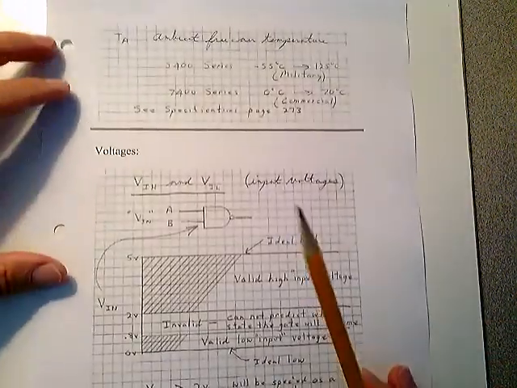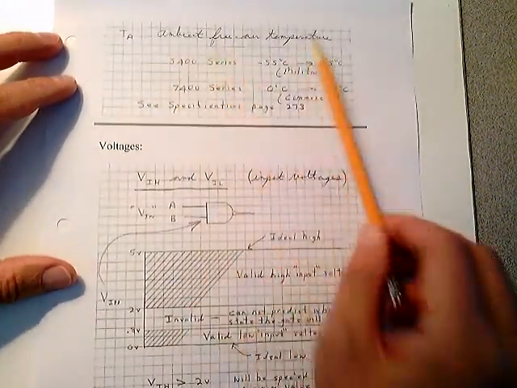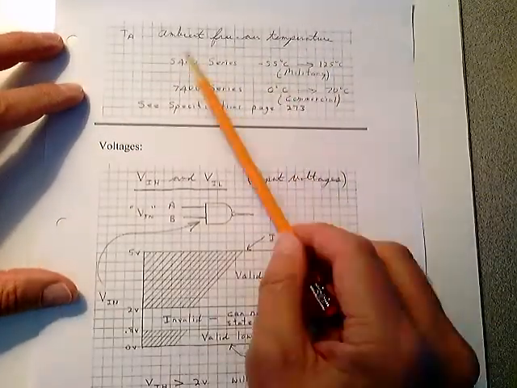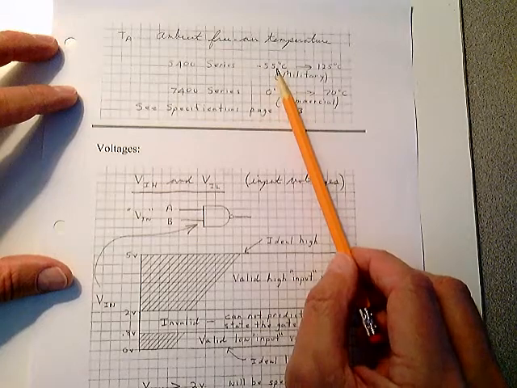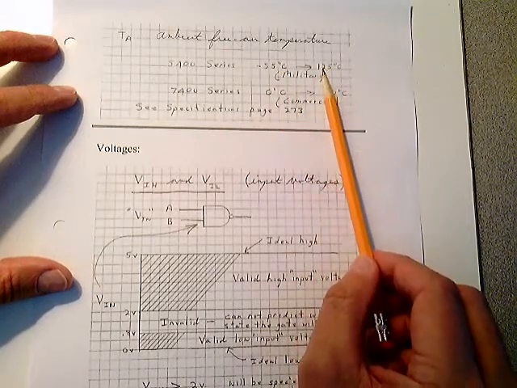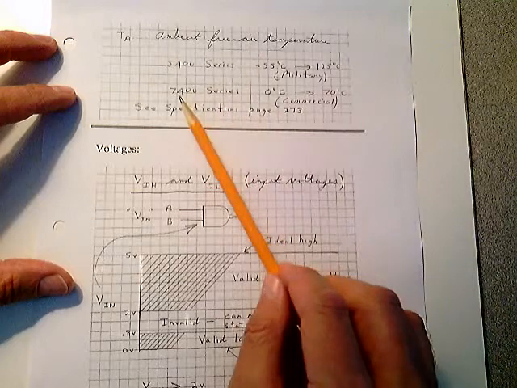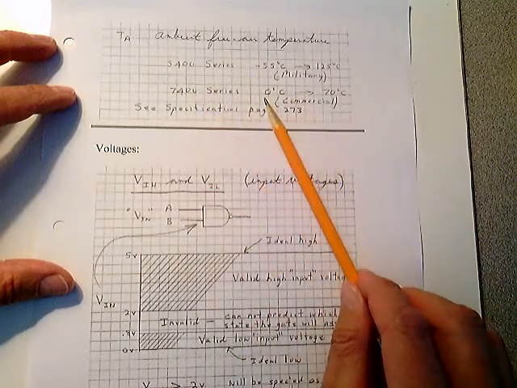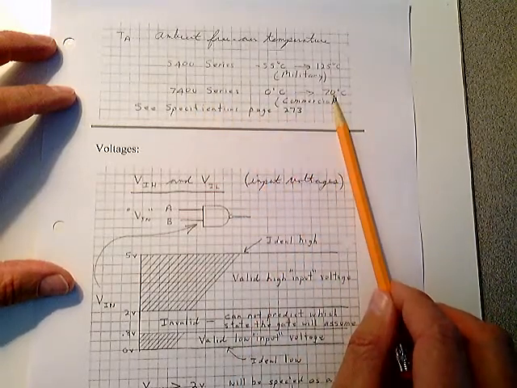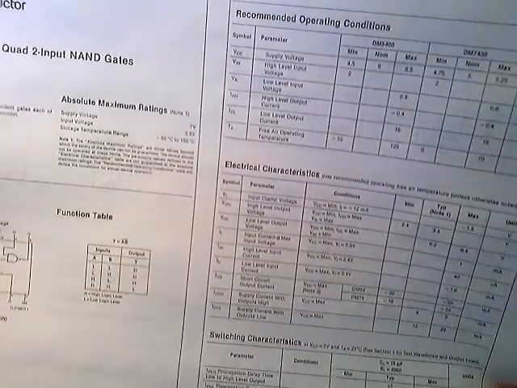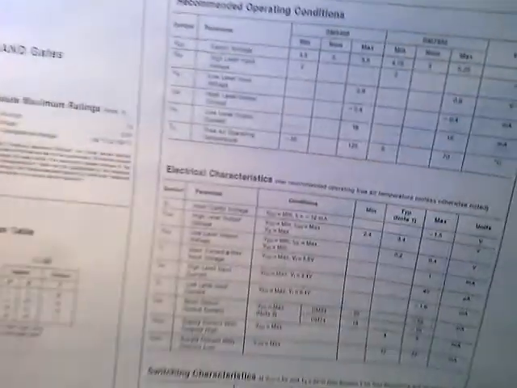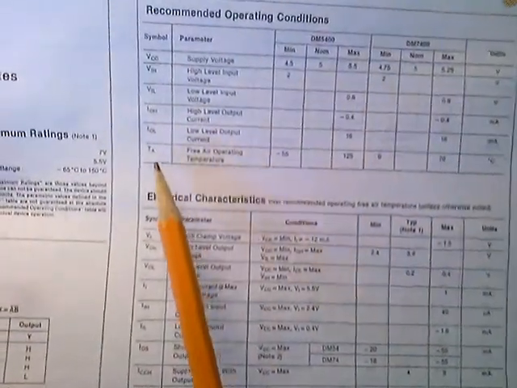If you take a look at page number 134, T sub A is ambient free air temperature. We already discussed this before. 5400 series, military grade, the spec is from minus 55 degrees C to 125 degrees C, and the 7400 series is commercial from 0 degrees C to 70 degrees C. If you look at page 173 in your specifications, take a look at this free air temperature right here.